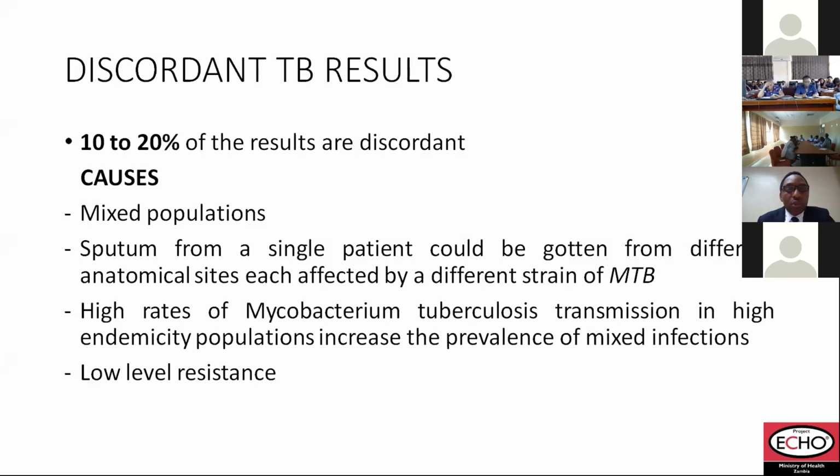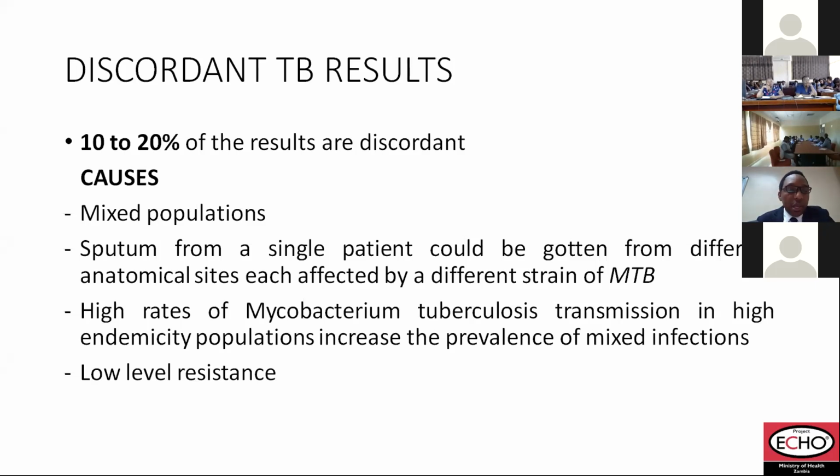And also if you do invasive procedures such as bronchoscopy and get specimens from different pockets or different anatomical sites, you are likely to get consistent results. So in a nutshell, discordant results occur at a rate of 10 to 20%. Is this significant? This is significant.